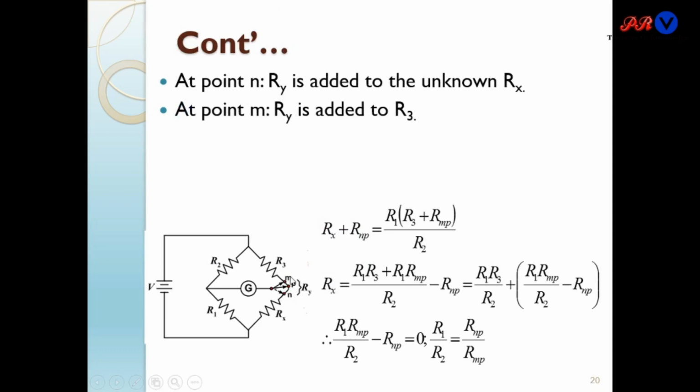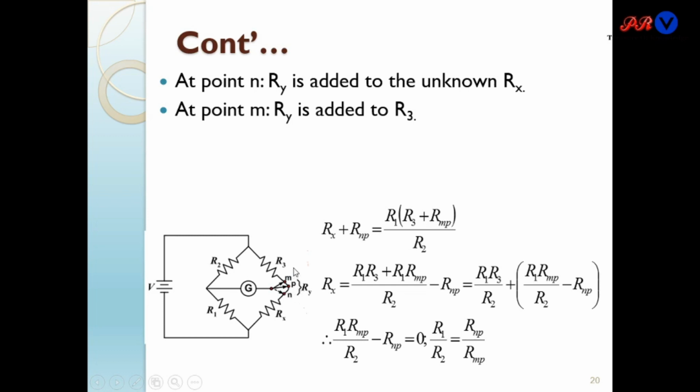So this is our lead through which we will balance our bridge. We will slide this lead from M to N points, that is MP and PN points.